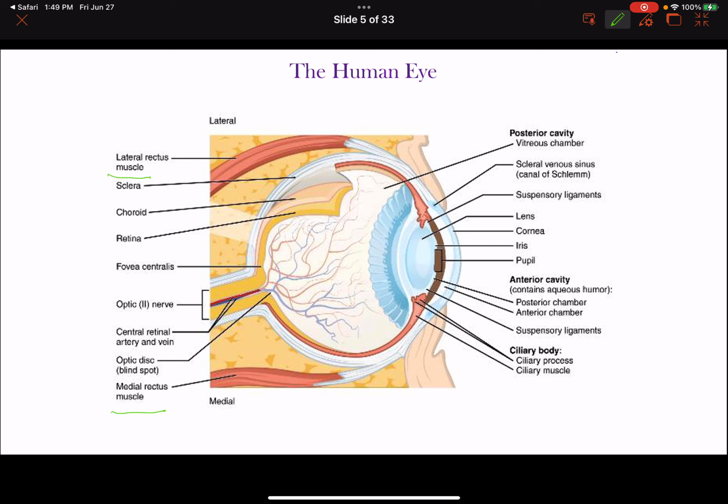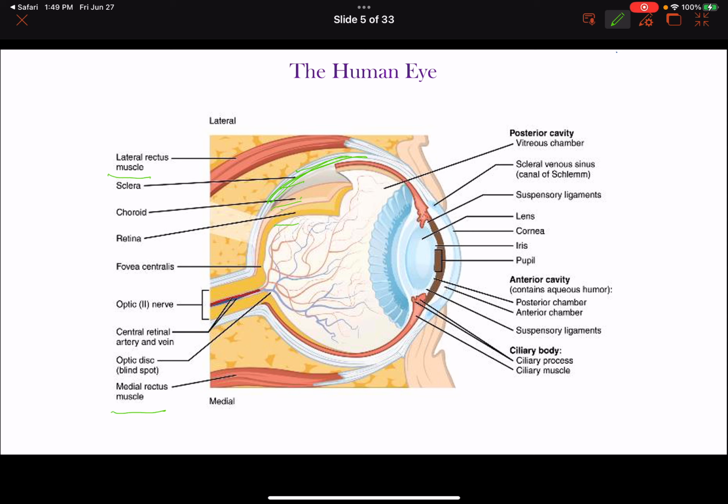You can see those three layers: sclera, choroid and retina. This is a neural layer, nerve cells, blood vessels, then the outer covering. Then also this is a posterior segment which has a vitreous humor. So lens over here.